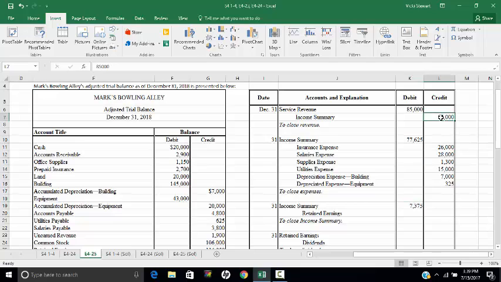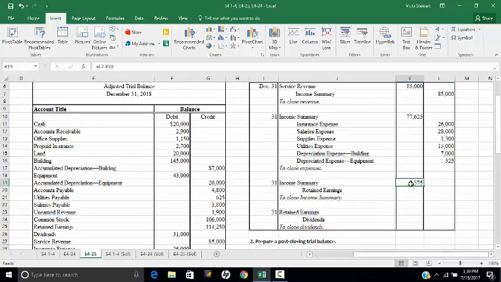We had credited income summary for $85,000, debited income summary for $77,625, so income summary had a credit balance of $7,375, and now we want to close income summary, so we need to debit it for $7,375 to bring it to a zero balance for the next accounting cycle.